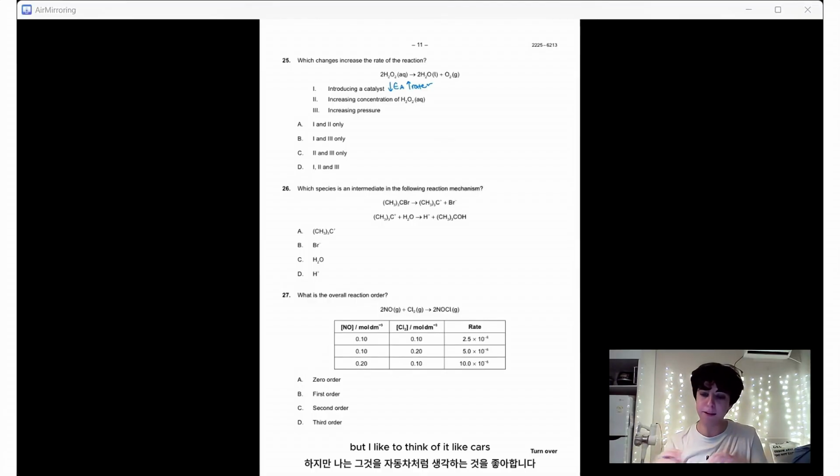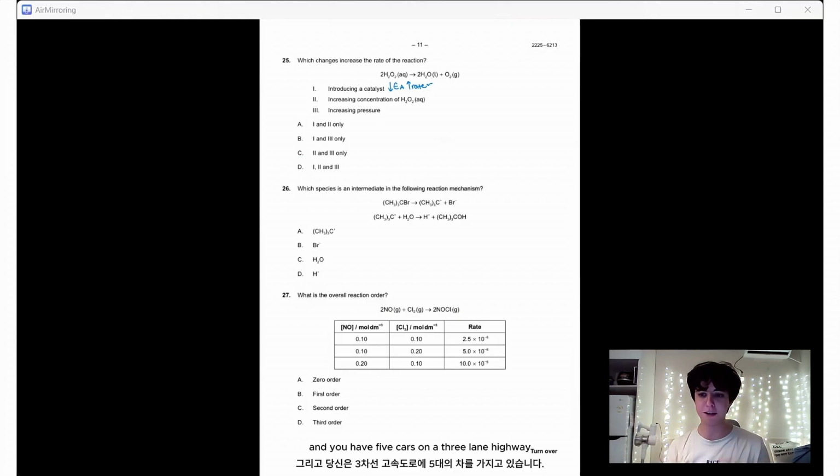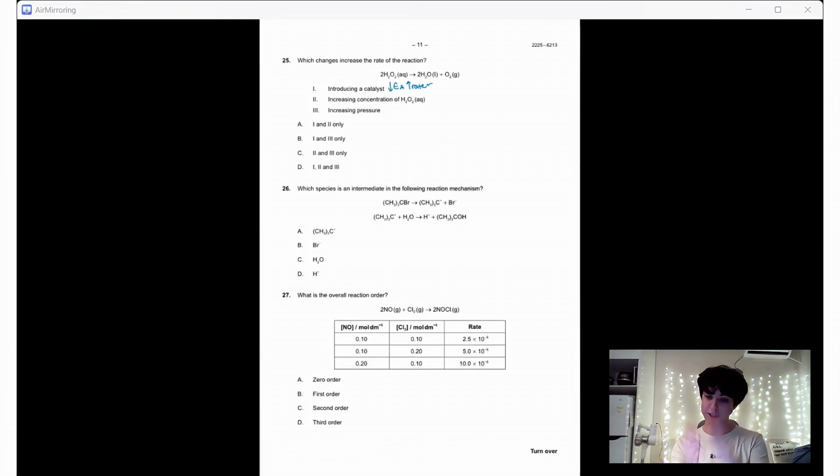But I like to think of it like cars because I think it's more fun. So, increasing the concentration of H2O2. That would be like if you're on the highway, and you have 5 cars on a 3-lane highway, you're less likely to crash into somebody and die. If you increase that to 10 cars on this 3-lane highway in the same distance, just to keep things consistent, you are more likely to crash into somebody and die.